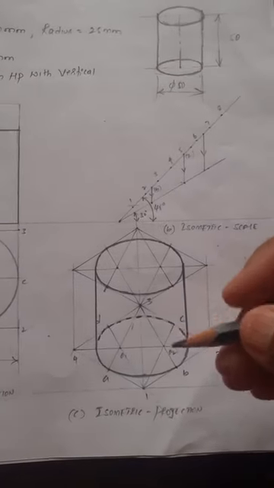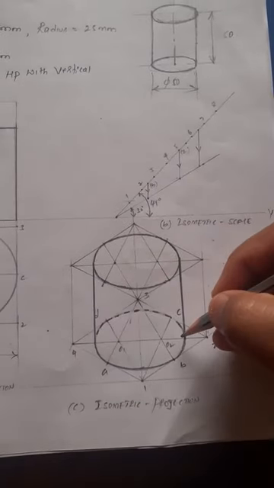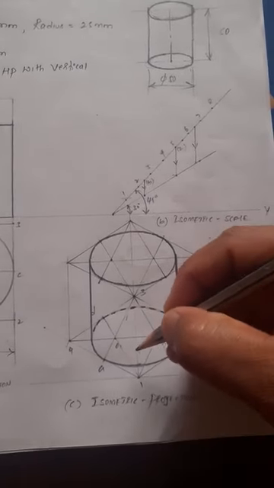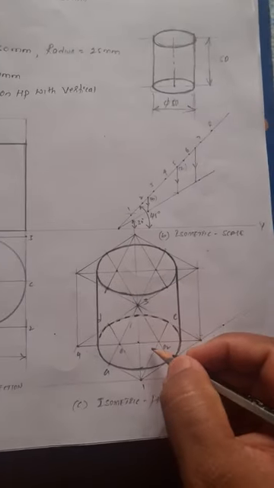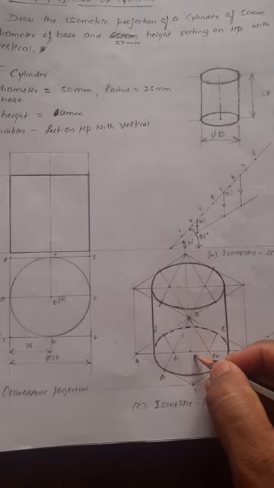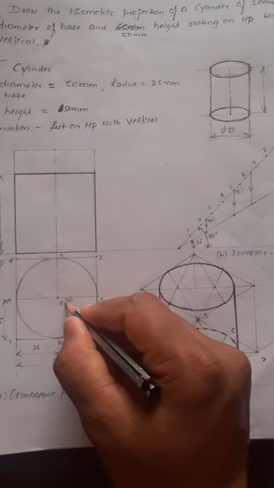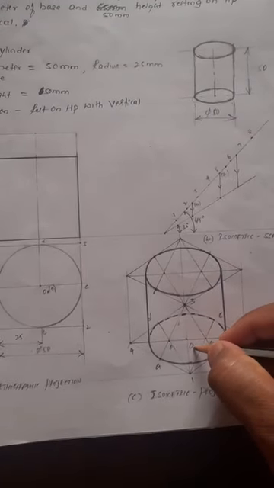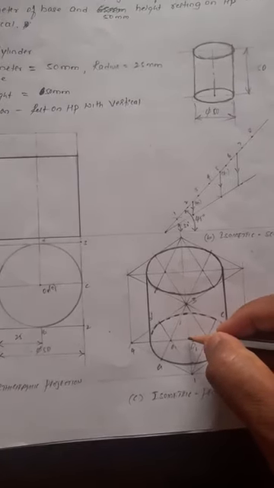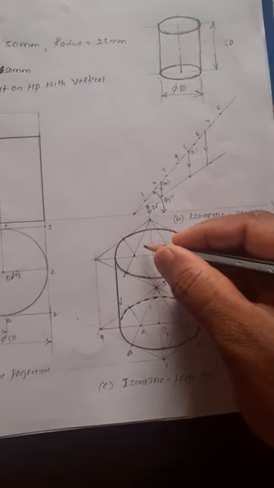Then what is the next point? From this center, this is called O1, the larger uppercase letter O. From this you draw a vertical line.